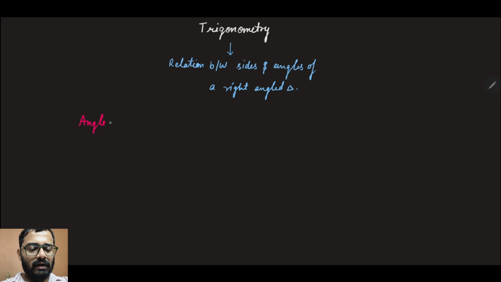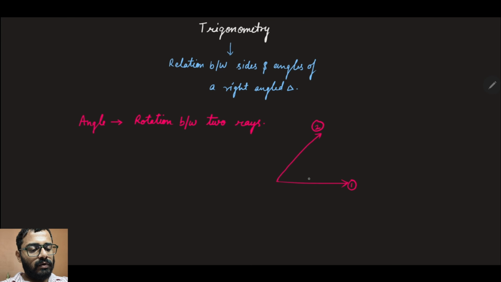Angle is the name given to the rotation between two rays. If any two rays are there and they are at some rotation with each other, this is the first ray here, this is the second ray here, and the second one is rotated somewhere with respect to the first one.